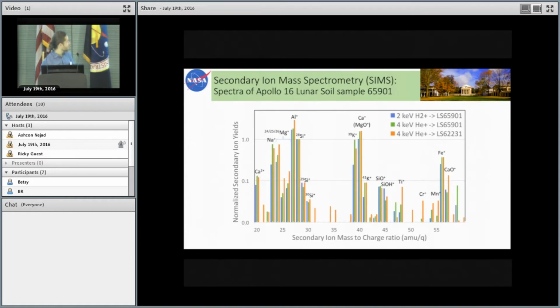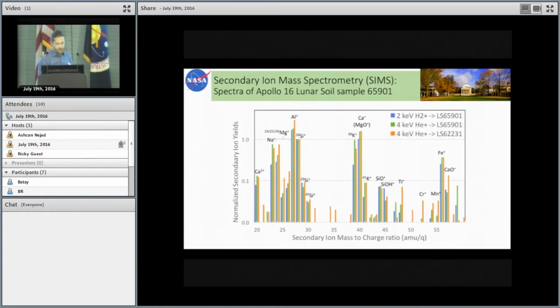And this is a typical secondary ion spectra that you see where I've normalized all of the ejecta to silicon at the 28 silicon here. And on the bottom, you have the secondary ion mass to charge ratio. And we see all of the major elements, aluminum, silicon, potassium, calcium, as well as a few molecular ions that sputter from the surface.